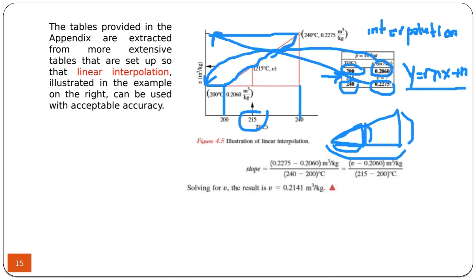So it means that first you need to find the slope of the line, then get the value for n by using the four given values. Then once you have the equation of the line, you can use it for any point in between, or you can just write down the similar triangle equation in which this height divided by that height is equal to this distance divided by that distance.